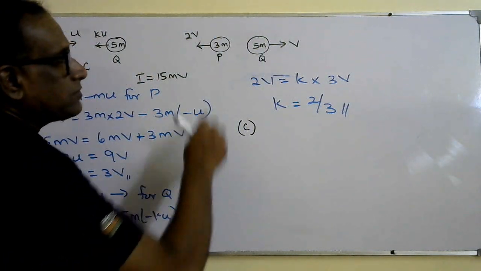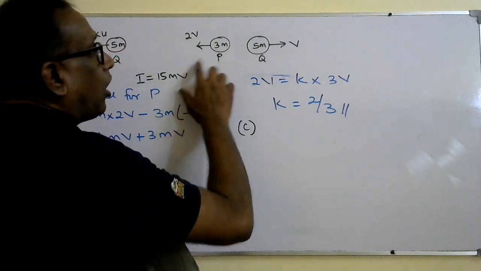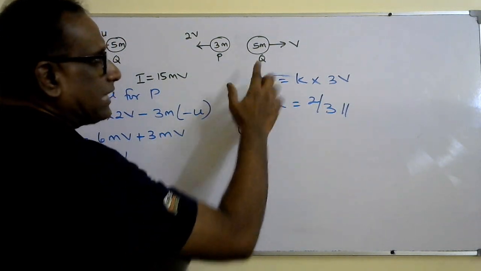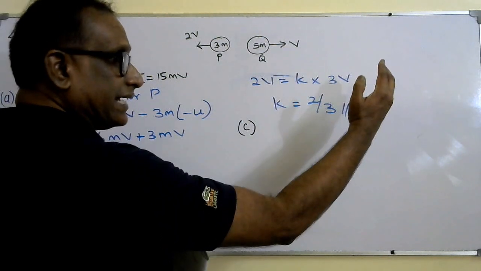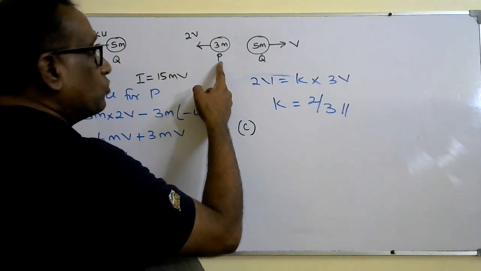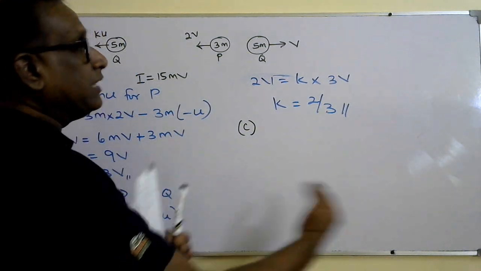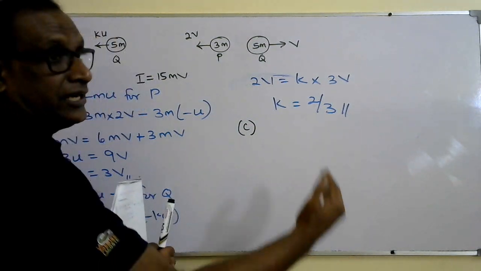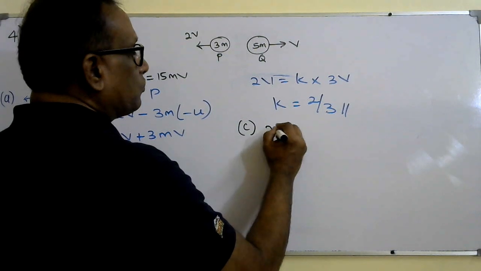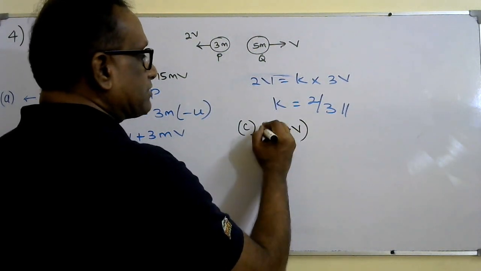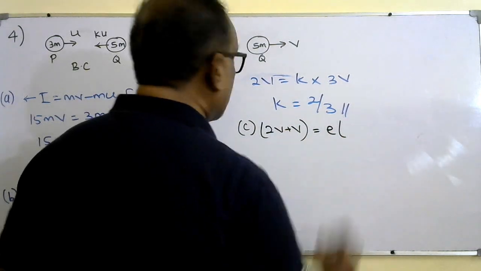Here they are separating in opposite directions. During 1 second this will move towards right a distance v, this will move towards left 2v, so the gap between the two will increase by 3v during 1 second. So the relative speed of separation is 2v plus v, that is equal to e times relative speed of approach.